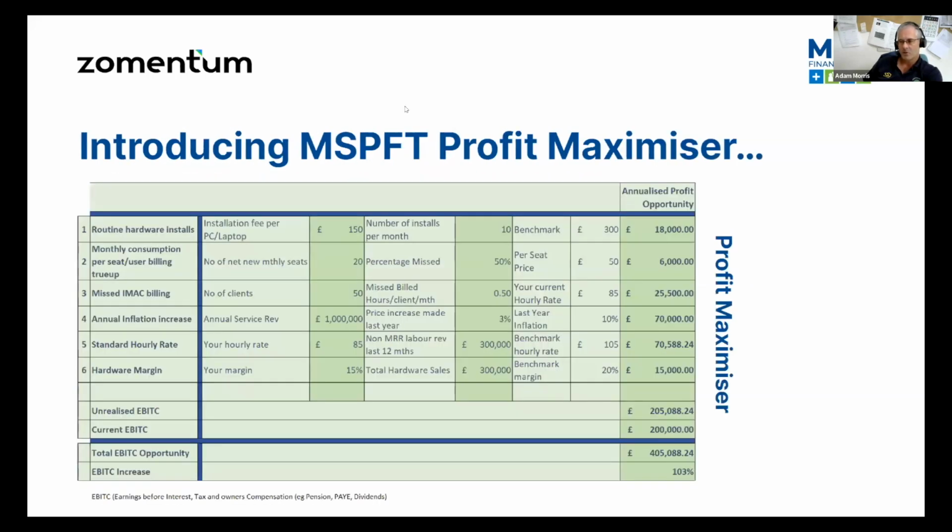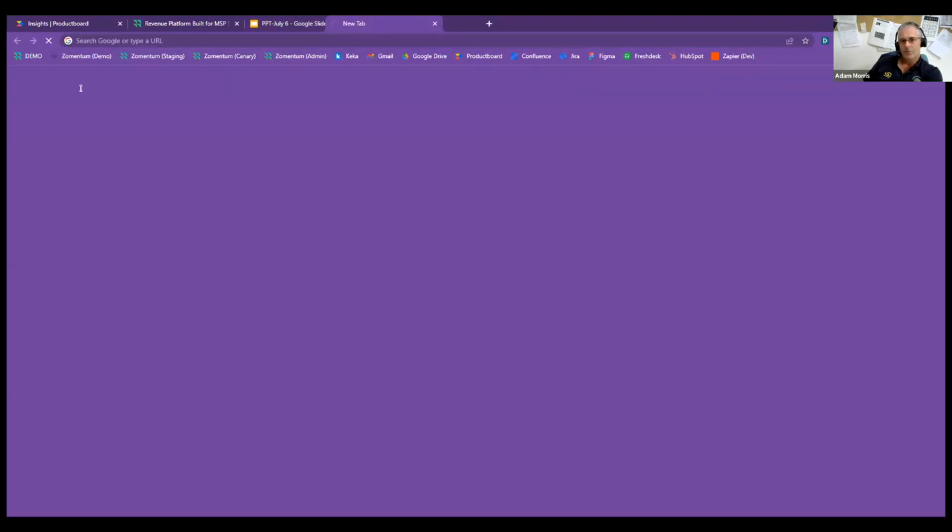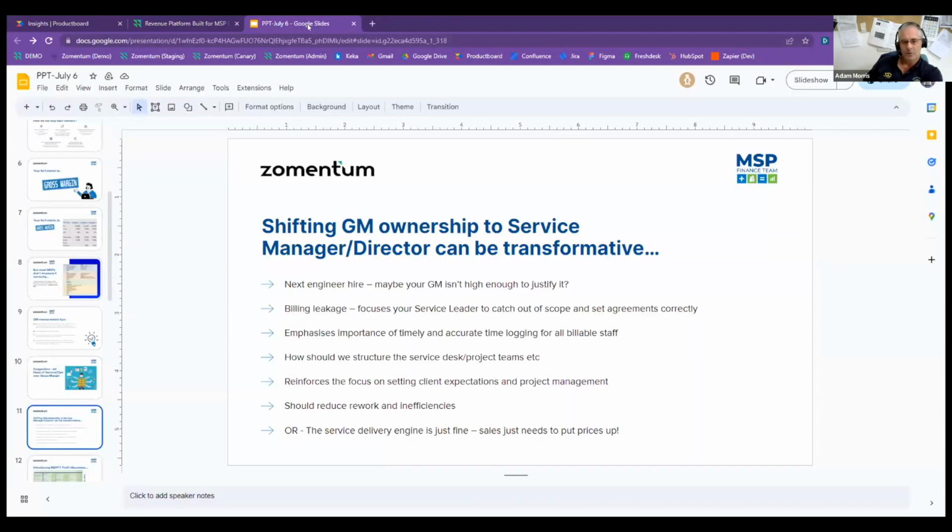So he could measure that gross margin. That would lead to decisions around his costs, whether he could hire that next engineer or not, the degree to which he was picking up billing leakage and out of scope work, and the time logging accuracy of his staff, of course, because it's vital to monitor and manage all of that.